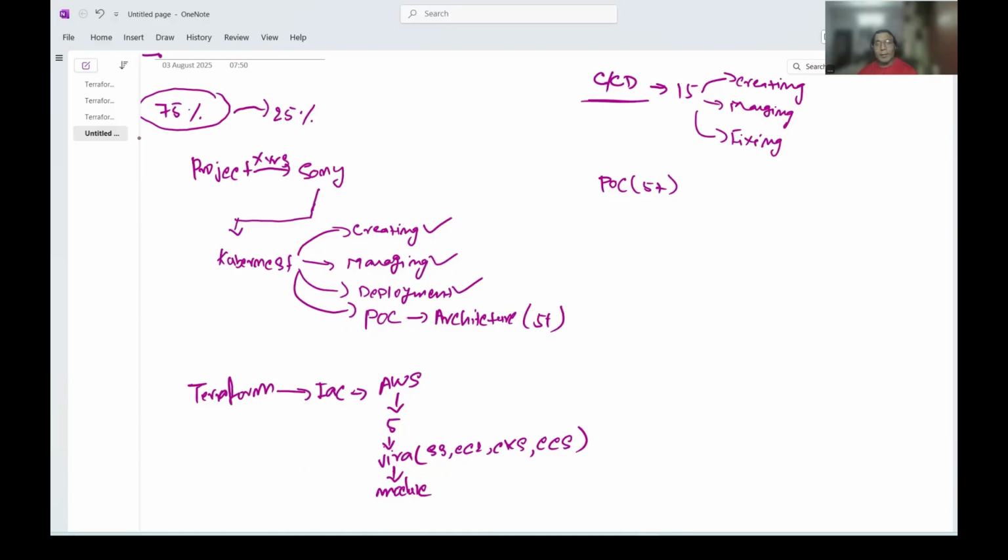You can say that initially your pipeline was running for more than 30 minutes, because of which the release process was getting delayed. Even the developers were worried because of the long time the pipeline was taking to complete. You have done a POC.